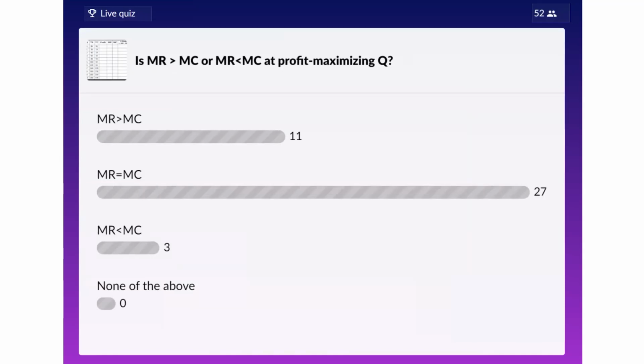Okay, so a lot of you say equal, some say greater, some say smaller, and the answer is equal.